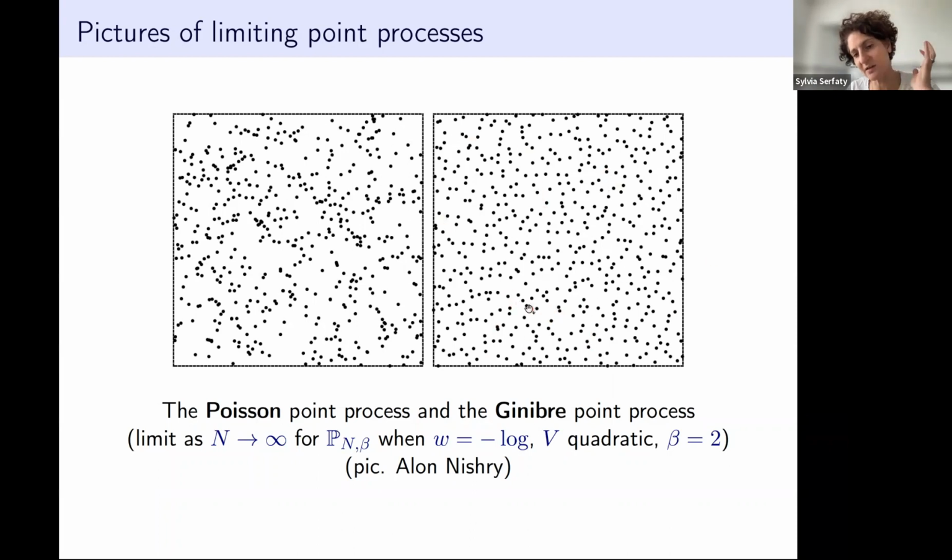And you see it's different from the Poisson point process. The distribution of points is uniform, but the points repel each other like you expect, because there is logarithmic repulsion between the points. They don't like to be too close to each other. So there's a certain amount of rigidity here. This is a determinantal point process. It has all sorts of very interesting properties.